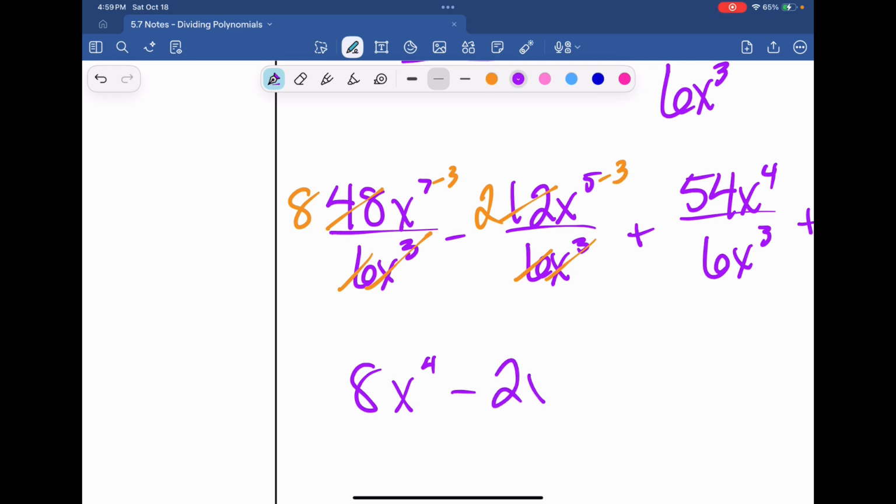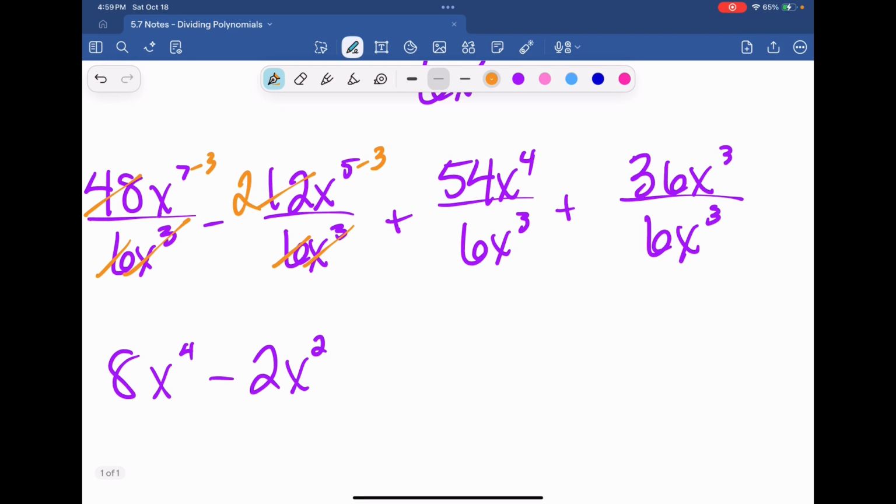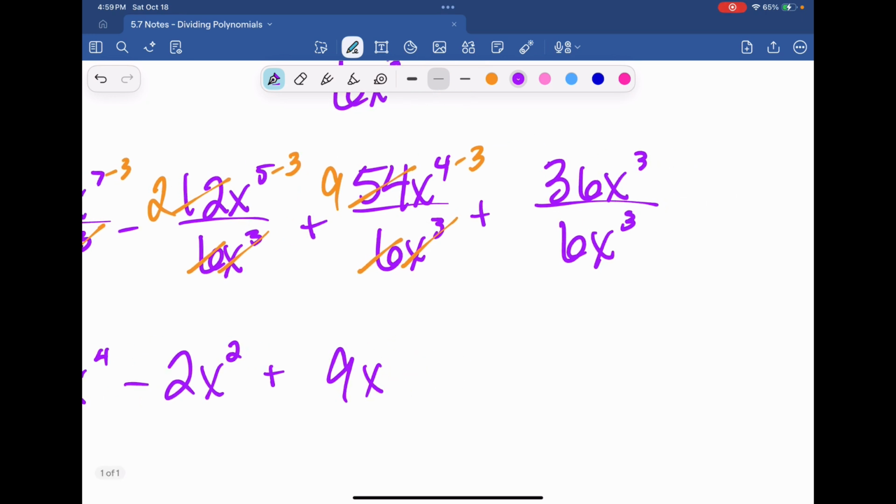So 2x squared plus 6 goes into 54 9 times. 3 is smaller than 4, so we take it away. So that gives me 9x. 6 goes into 36 6 times. I get x to the 0, which is 1. So this is plus 6.